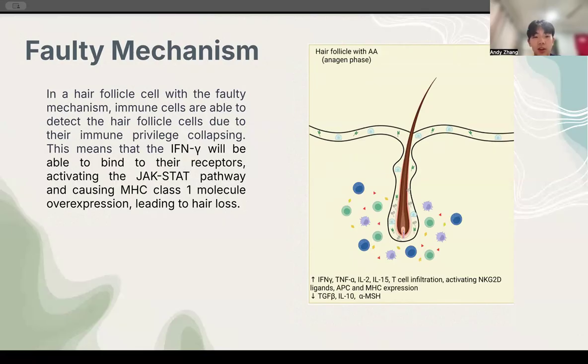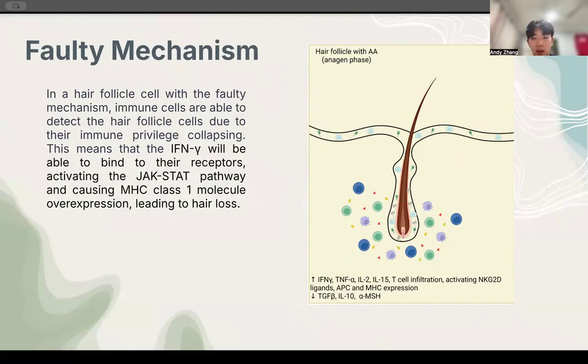This means that the interferon gamma will be able to bind to their receptors on the hair follicle cell, which will activate the JAK-STAT pathway and cause overexpression of MHC class 1 molecules, which will lead to T cells being able to detect the hair follicle cells and kill them, which will lead to hair loss.